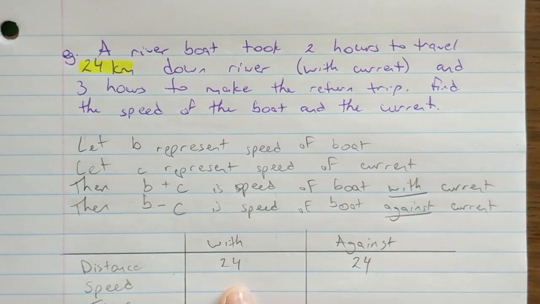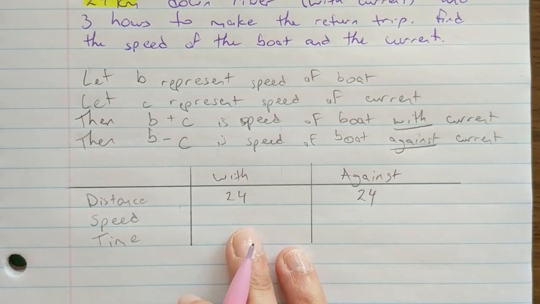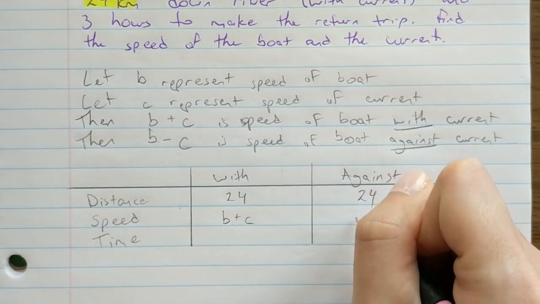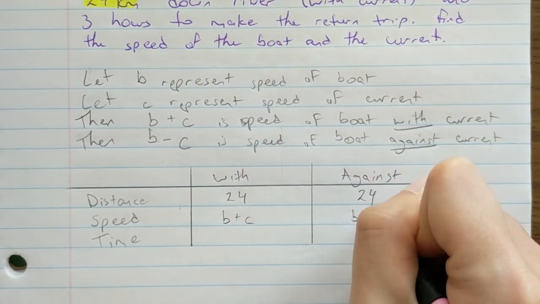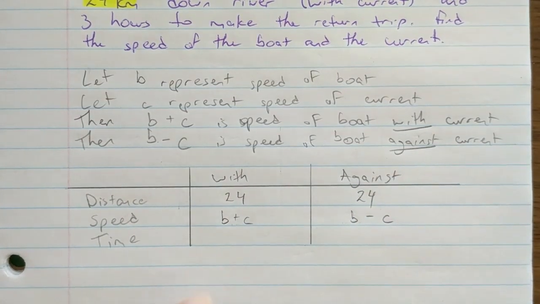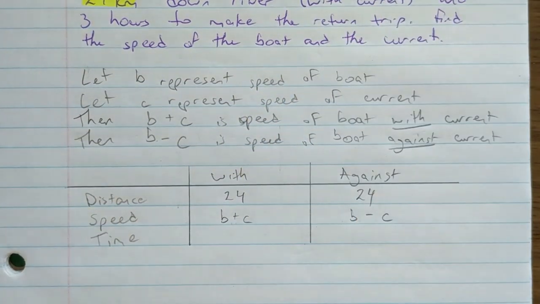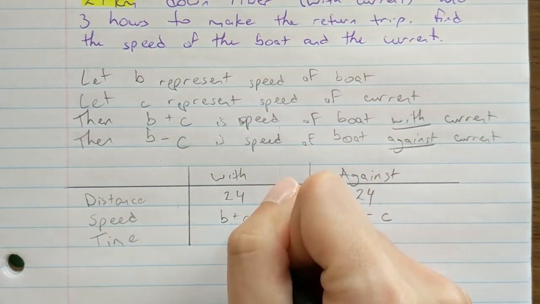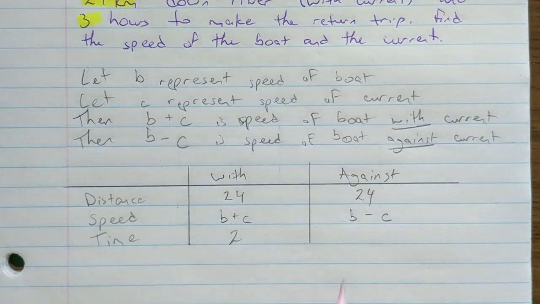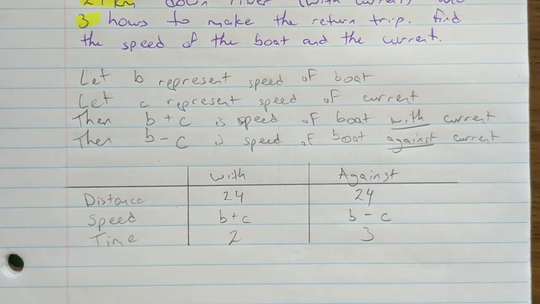We are looking for the speed. So remember, the speed with is B plus C, whereas the speed of the boat against is B minus C. And the total time it took, so it took 2 hours to travel with the current and 3 hours to travel against the current.